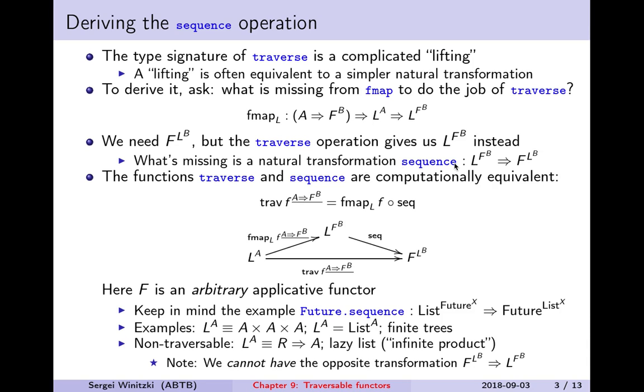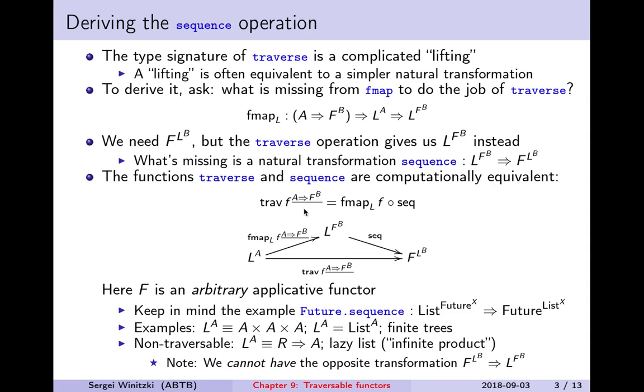So let's call this sequence. This is maybe not a very good name, sequence, kind of suggesting that we change the order of L and F in the functor composition. Not a very good name maybe, but that's a traditional name and I don't know how else to call it. Indeed, we find that the functions traverse and sequence are computationally equivalent.